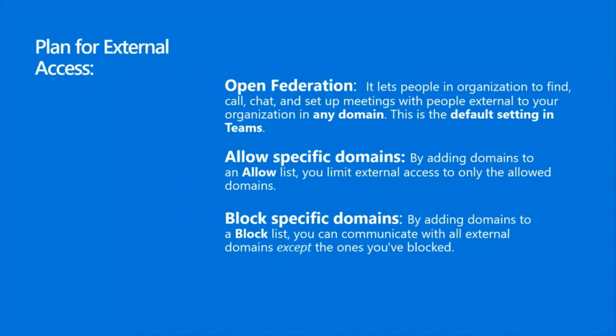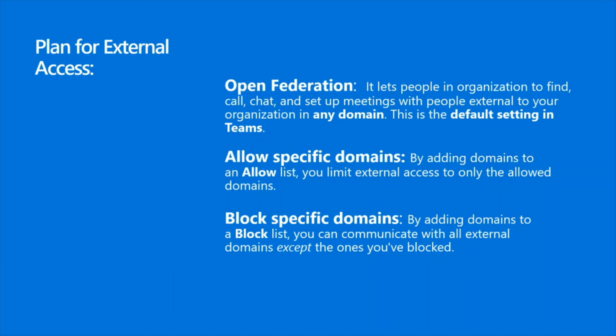So if you have open federation, you can communicate with anyone outside your organization. It's just a small catch here that the external organization must have also allowed you, or they also have open federation. Then only it will work.